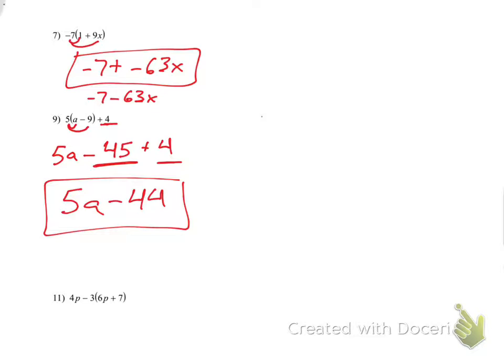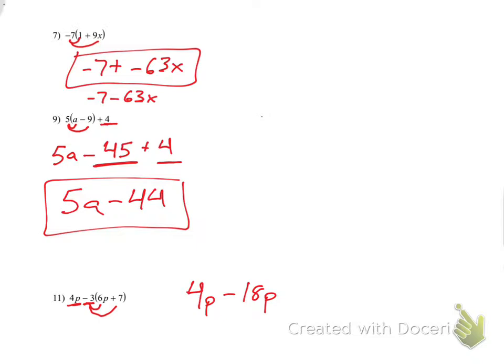All right, 11. Remember, this is a negative 3 right here. So I'm taking negative 3 times 6p, and then a negative 3 times 7. So I start off, 4p isn't being distributed. So I have 4p, and then negative 3 times 6p would be minus 18p.